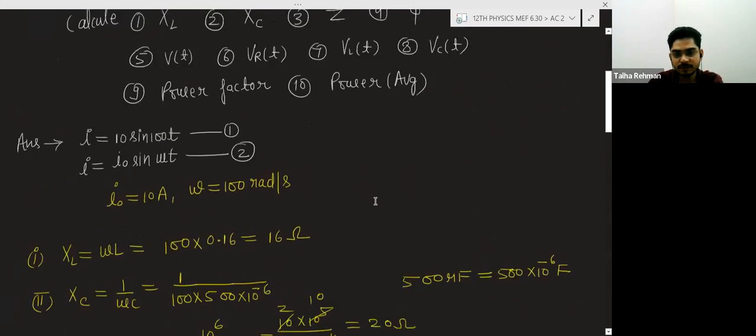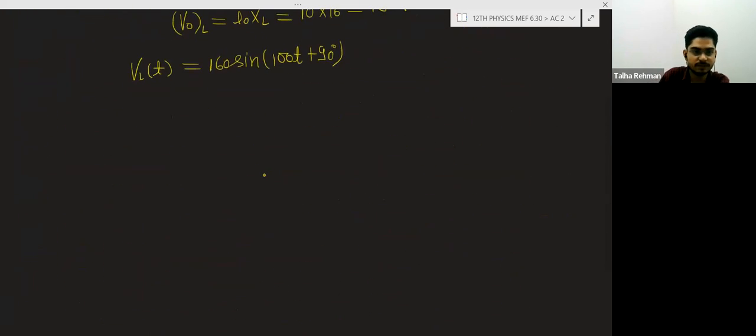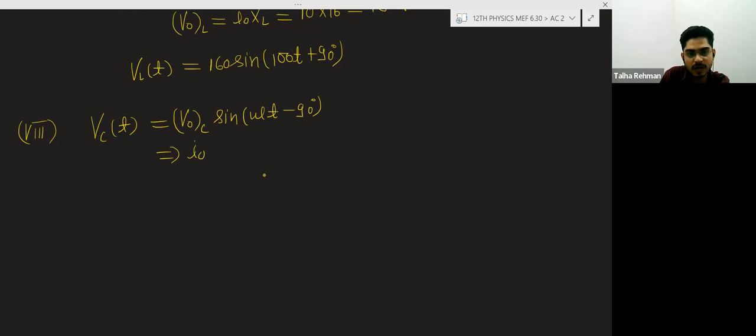Eighth part, VC(t) is voltage across the capacitor. So voltage across the capacitor is given by V naught C sine omega t minus 90 degree. Okay, so V naught C can be found with I naught into XC sine omega t minus 90 degree.